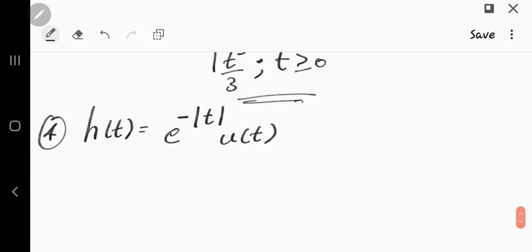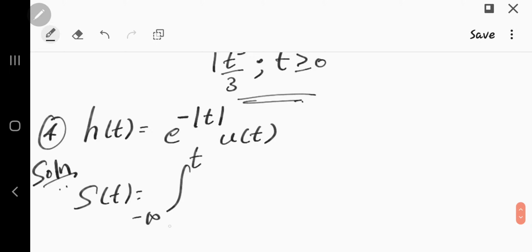That means this t, as per the definition of step response, varies from minus infinity to t here. So the limit varies from minus infinity to t, which means t can take positive values as well as negative values. Now, since this is modulus t, it can take positive or negative values.